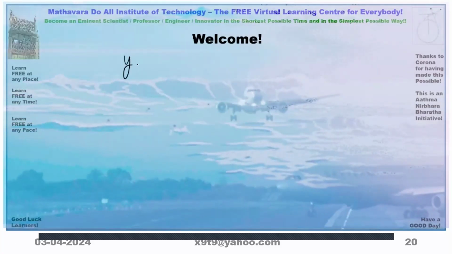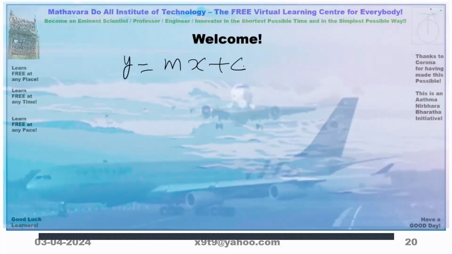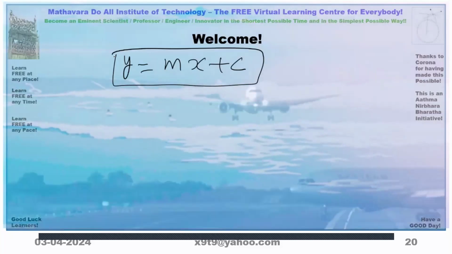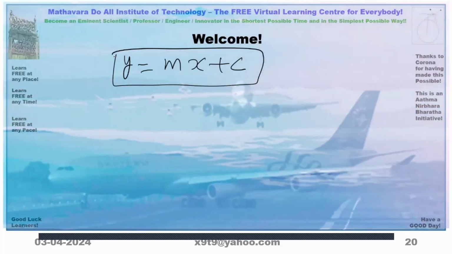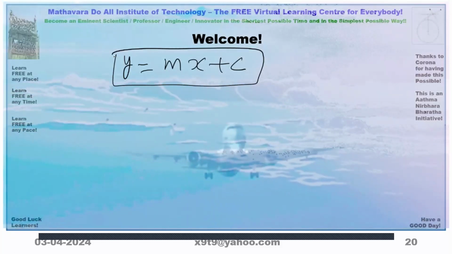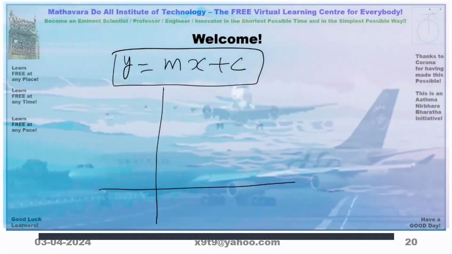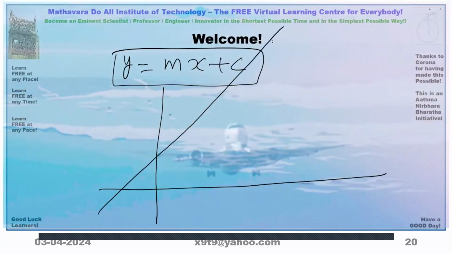Now, if we take only this part, then this is called the equation of a straight line. Straight line means we need only 2 points which you can join using a scale. So this graph looks something like this. The line will be like that.